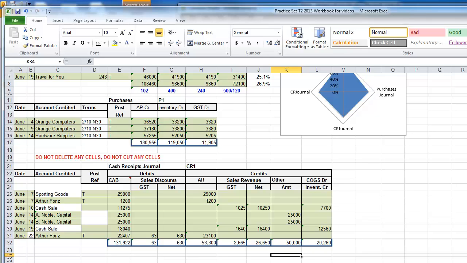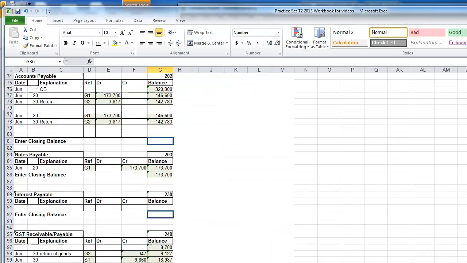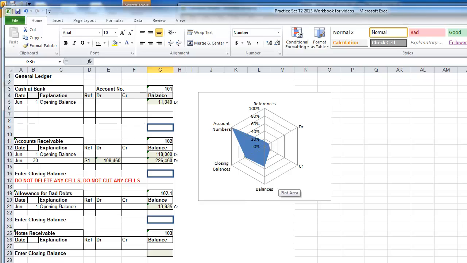So I'll post cash at bank. I'm not going to post all of them. Again, I think you should have the general idea by now. Cash at bank 131. Let's go to general ledger. Right up the top, our first account.